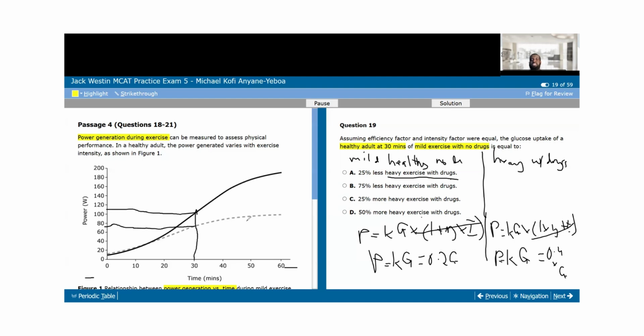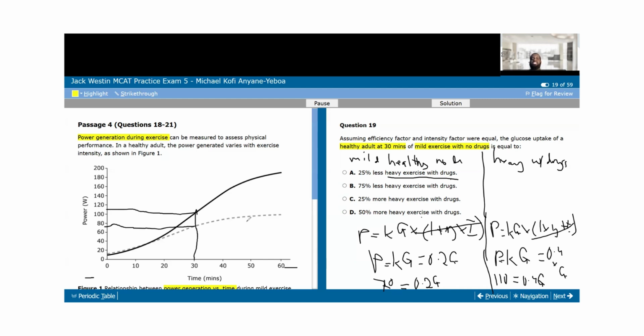That sounds fair. So that being said, P for mild healthy is going to be a 70, and that is equal to 0.2 G. And then our P for heavy and drug is going to be 110. That is going to be equal to 0.5 G, right?